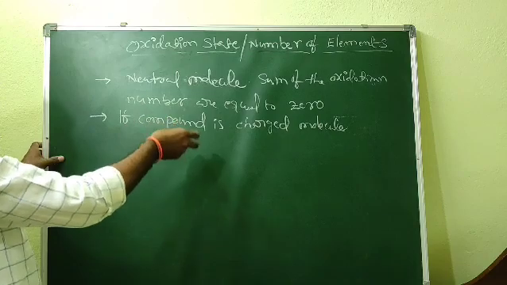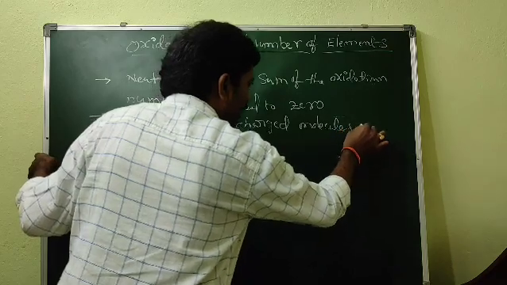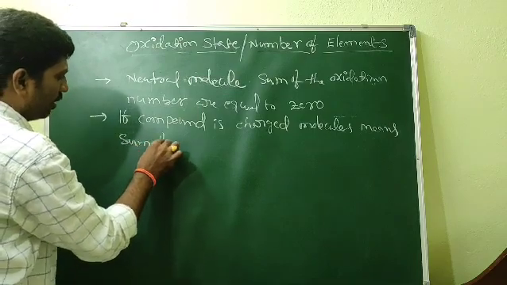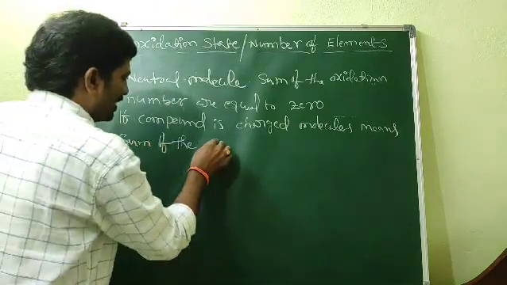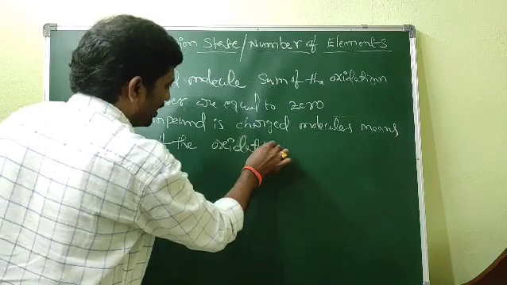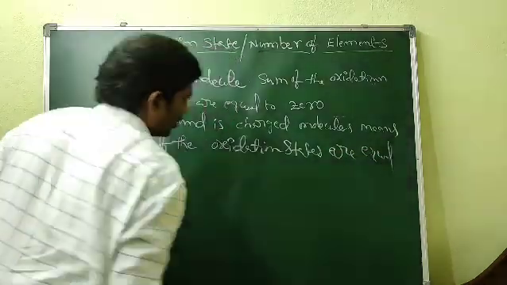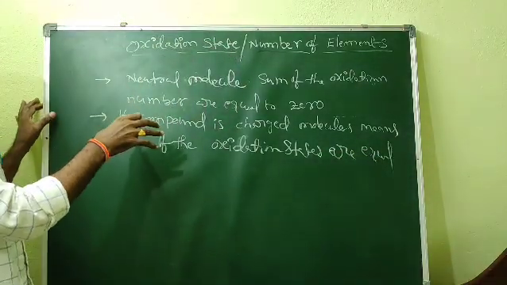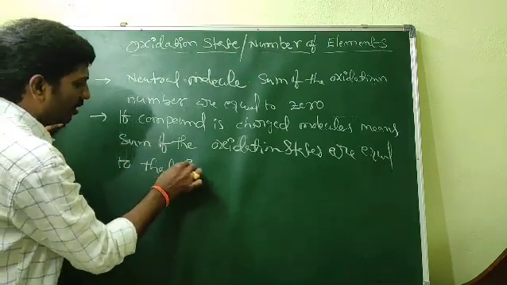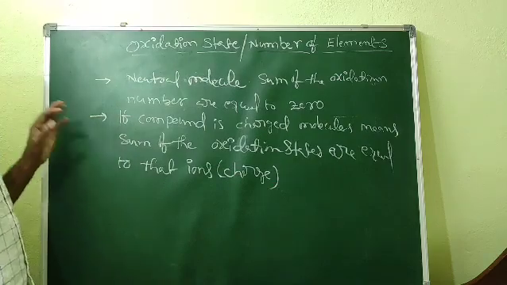Now see, if a compound is a charged molecule or ion, the sum of the oxidation states of all atoms present in that particular compound is equal to the charge of the ion.